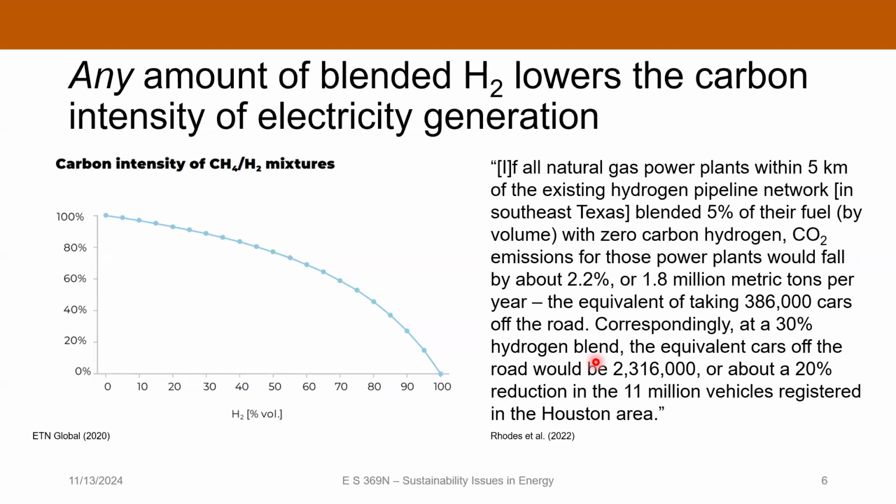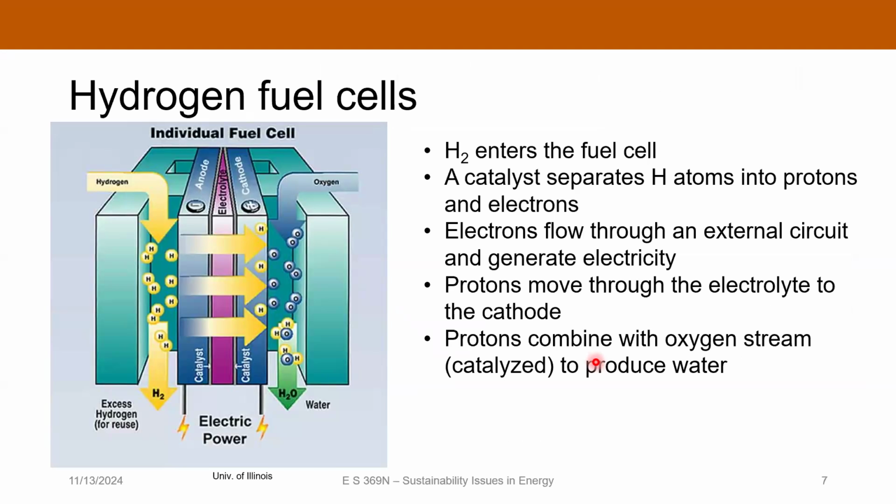Now, the other way that you can get electricity with hydrogen is by using a fuel cell. A fuel cell is basically an electrolyzer that's being run in reverse. So you combine hydrogen with oxygen and you produce water.